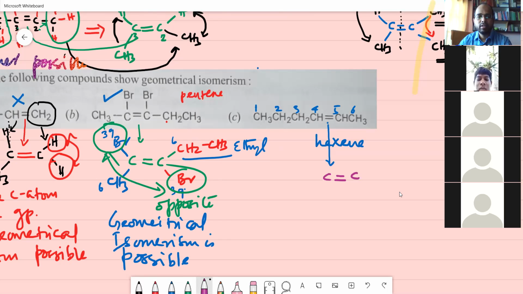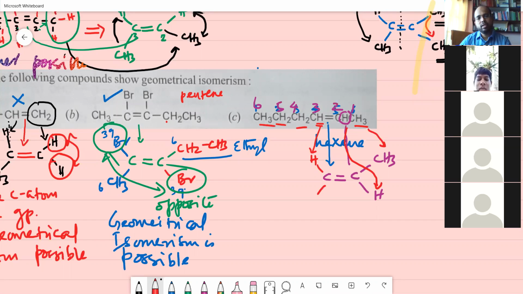So it should go like 1, 2, 3, 4, 5, and 6. Here you have CH3, and this H will be here. So double bond CH, this H, and then you have CH2, CH2, CH3. So you can put it like this.